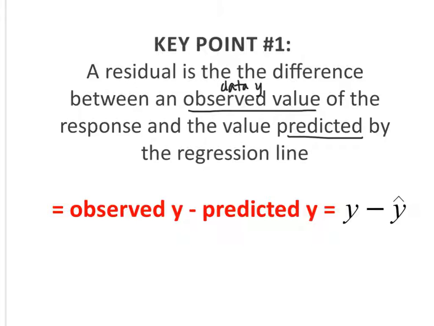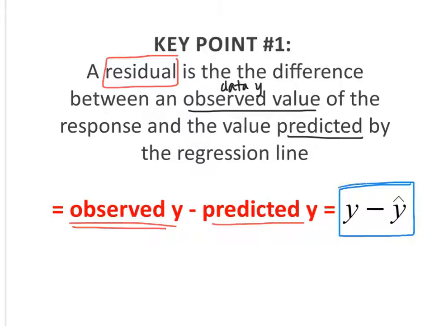Key point number 1 is that a residual is the observed y minus the predicted, or in formula, y minus y hat. So what we actually saw minus what your prediction line told you.